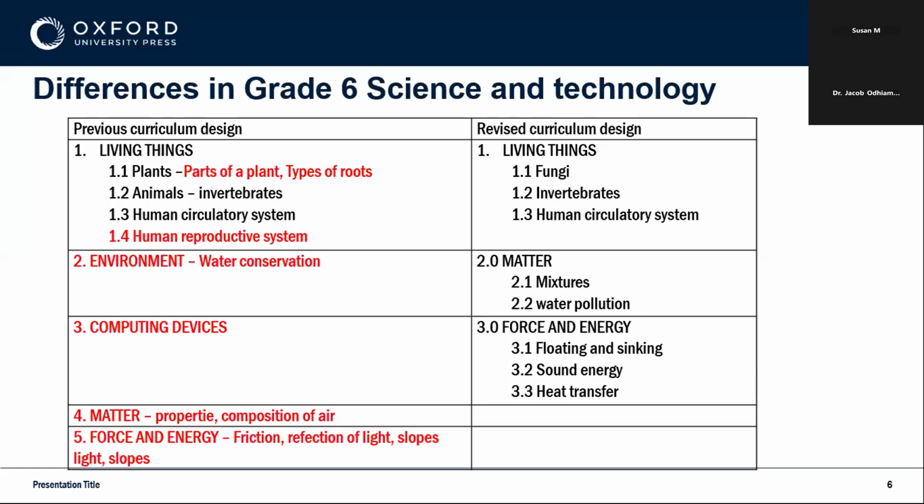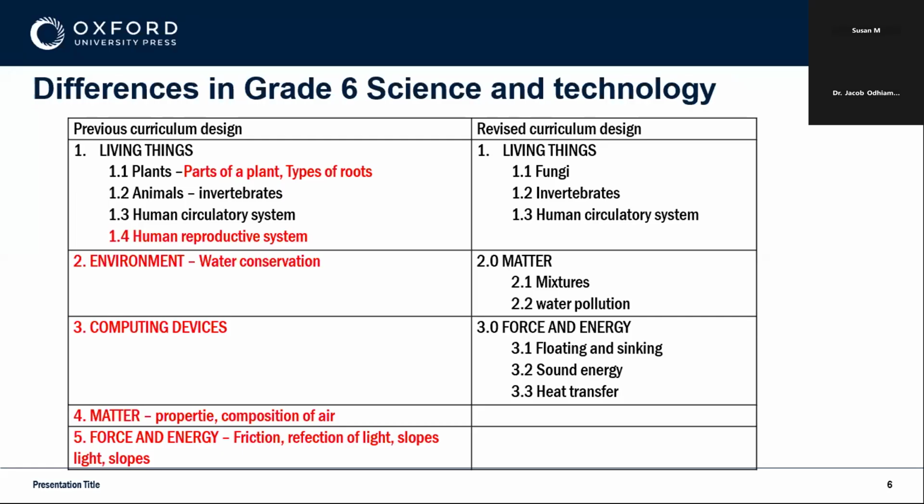Let me just take, for example, living things in the old curriculum design. Parts of a plant and types of roots were moved, I think, to lower grades, but invertebrates and the human circulatory system were retained. Human reproductive system was also removed. I think it is taken to the upper grades.